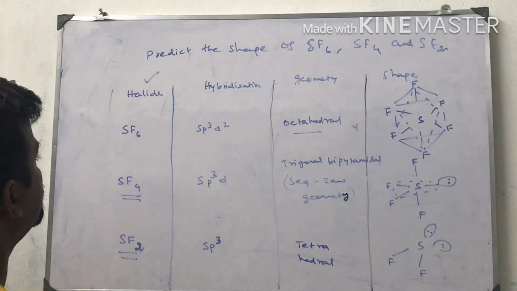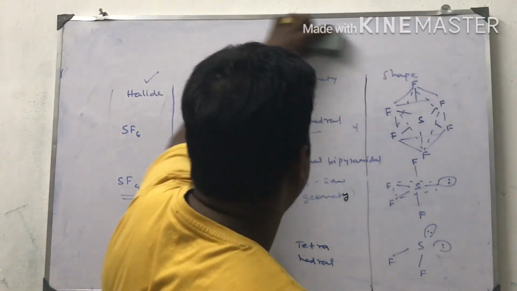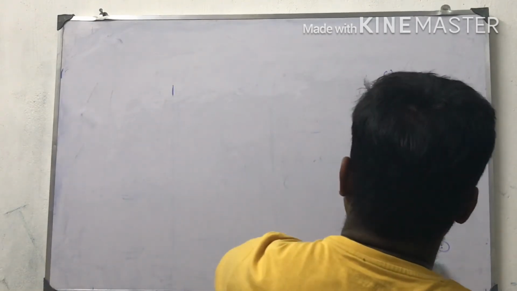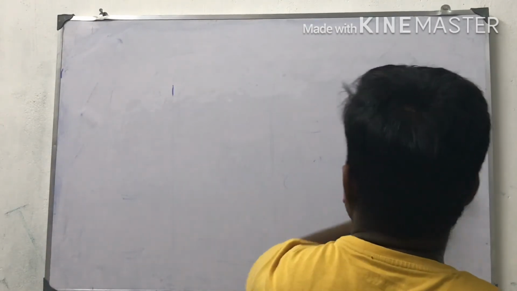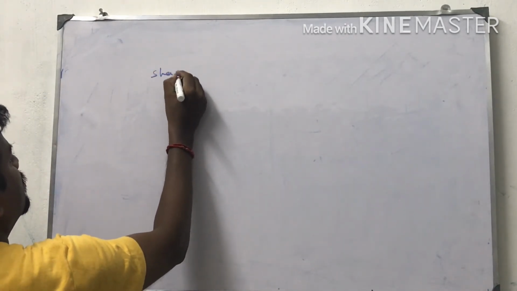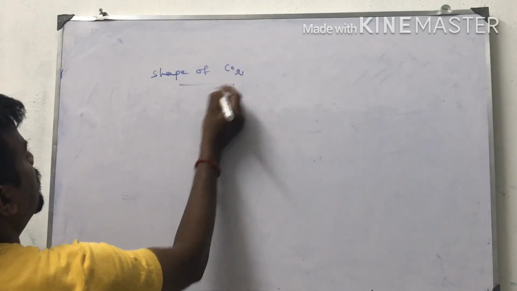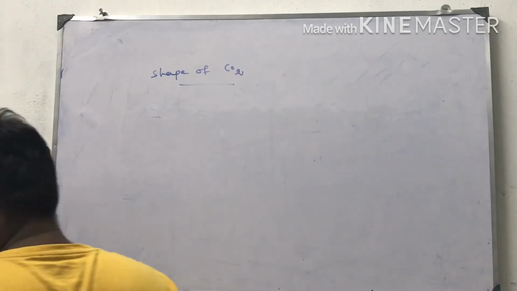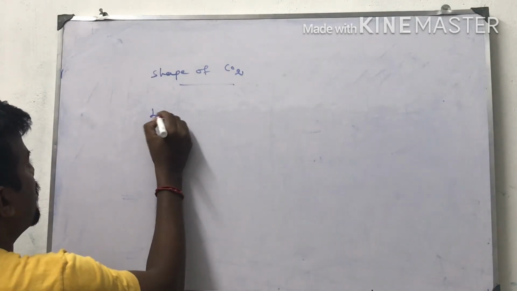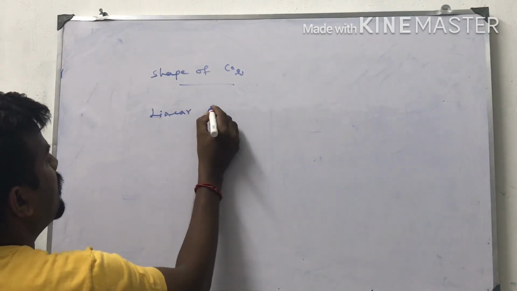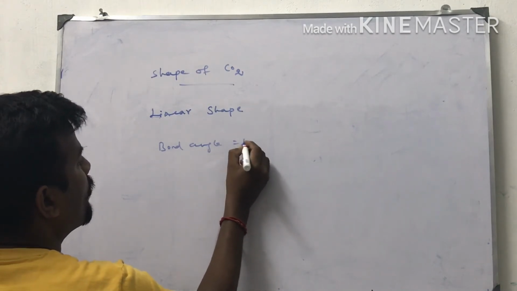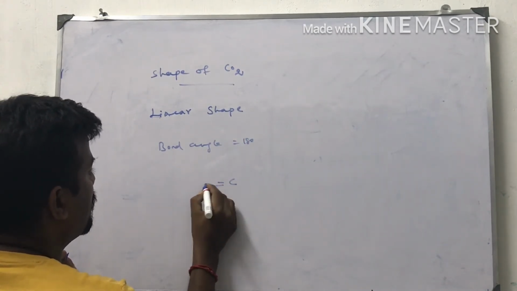Next I am going to predict the structure of carbon dioxide. Carbon dioxide is a linear shape, with bond angle 180 degrees. The structure is oxygen double bond carbon double bond oxygen.